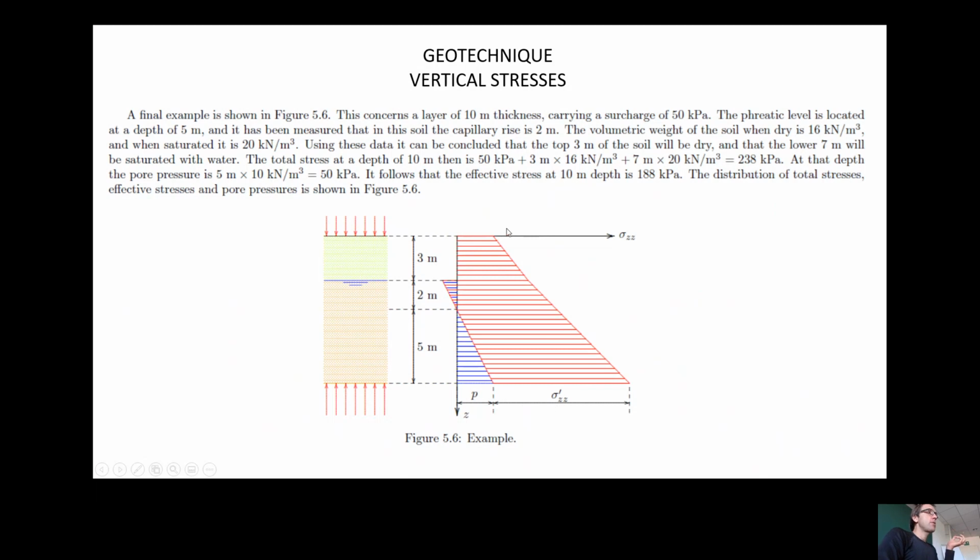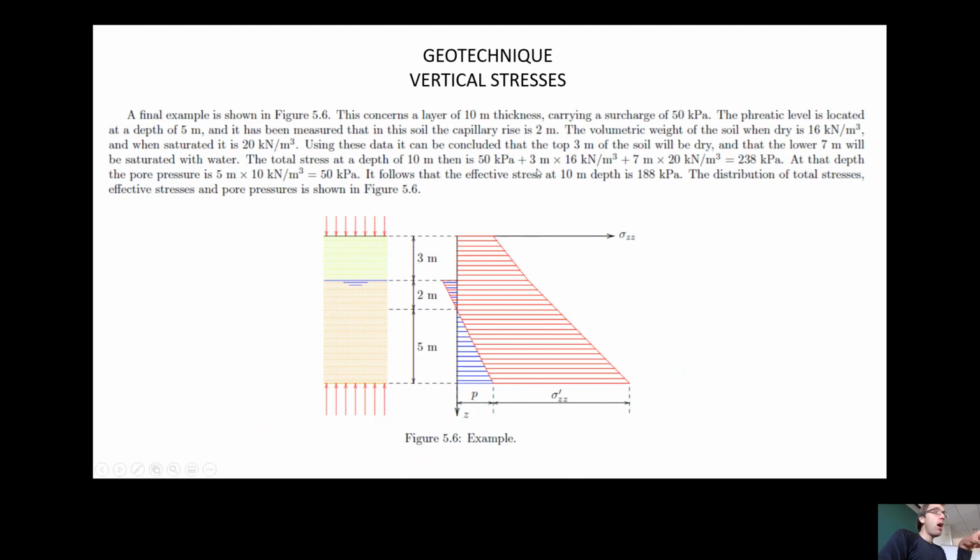Again, the fact that, for example, the pressure at the top is given by the 50 kPa, that is the load that is carried on the surface. Then the fact that the water is at 3 meters. So the consideration that the first 3 meters are dry, so we have to use gamma D, while the second part is saturated.